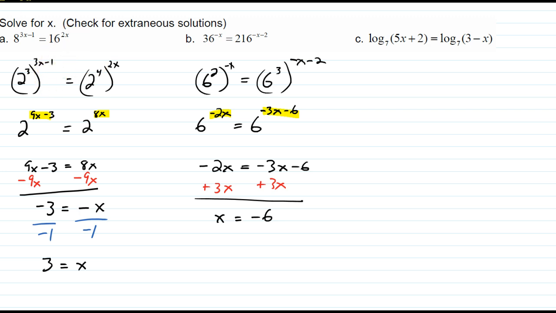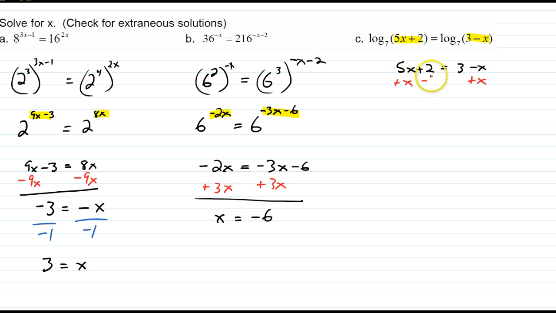Alright, for c, we have log base 7, we have log base 7, so we're just setting the 5x plus 2 equal to the 3 minus x. So 5x plus 2 is equal to the 3 minus x. So let's go ahead and add the x to both sides.